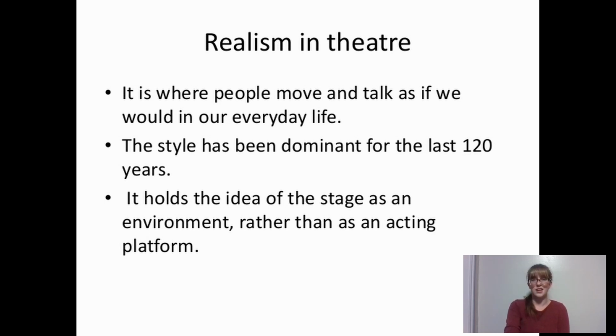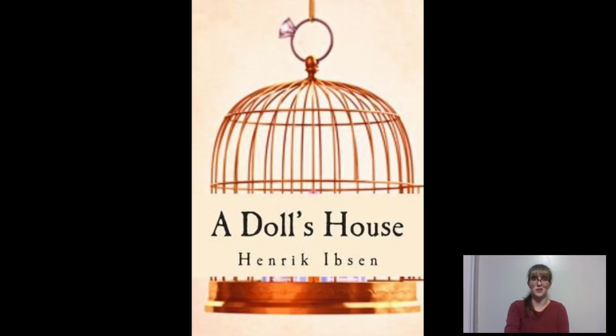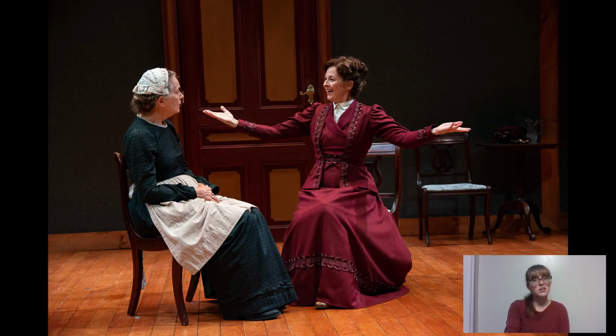One play that was heavily filled with aspects of a realist mindset was A Doll's House, written by Henrik Ibsen in 1879. It was an exploration and realization of women's roles at the time, revolutionary for its time, and focused on the main character named Nora.